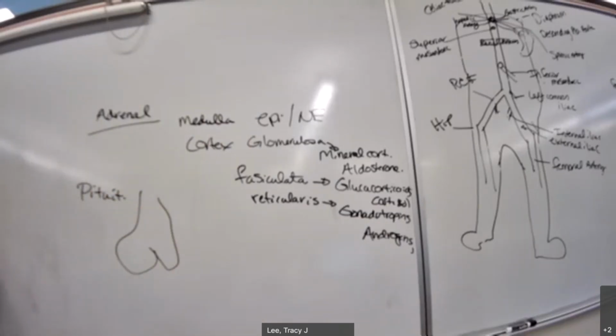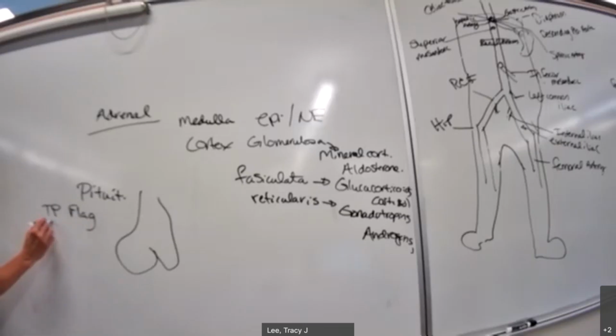Anterior lobe, what's it secrete? TP flag. And what's TP? Thyroid stimulating hormone. When would we secrete it? Okay, what does it trigger to be secreted?